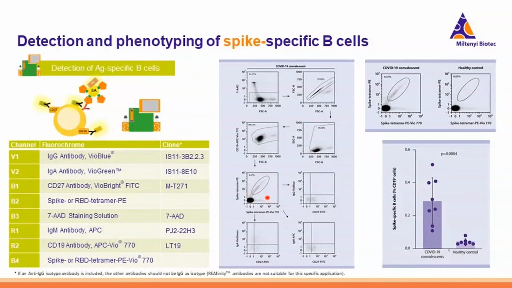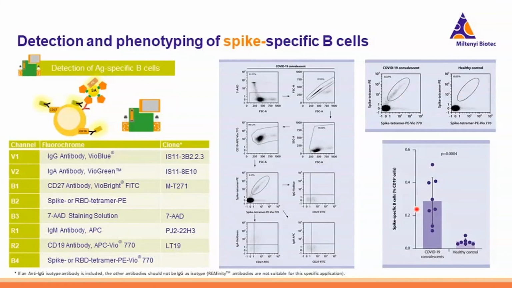And as you see also from the panel, we have also added CD27 and also anti-IgG, IgA, and IgM antibodies so that we could further analyze the memory B cells and the isotype specificity. As you can see also from the right side of the slide, we have tested this system on the convalescent individuals versus the healthy controls.